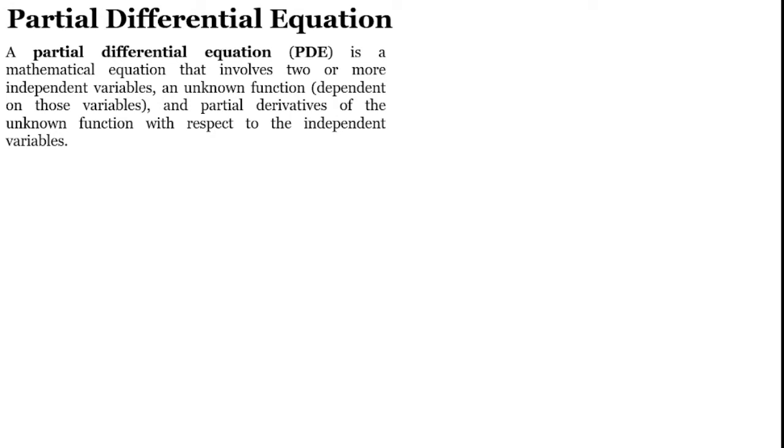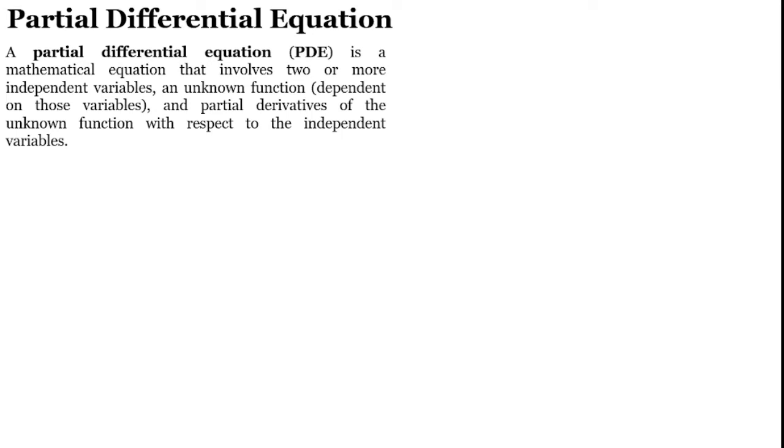I can explain what is meant by dependent and what is meant by independent with the aid of force. The basic formula: force is equal to mass into acceleration, which we studied in our school days also. So here, what is the dependent variable and what are the independent variables in F = MA?